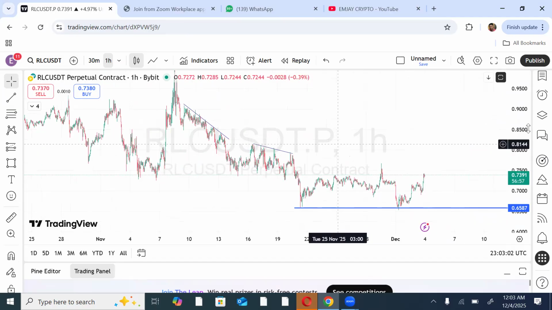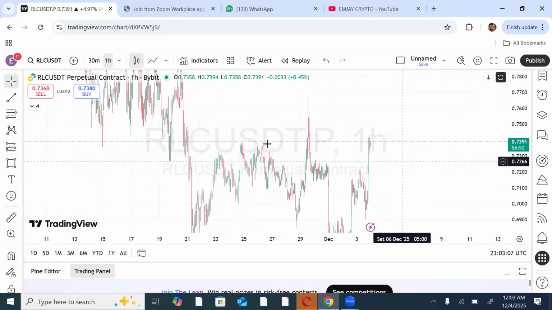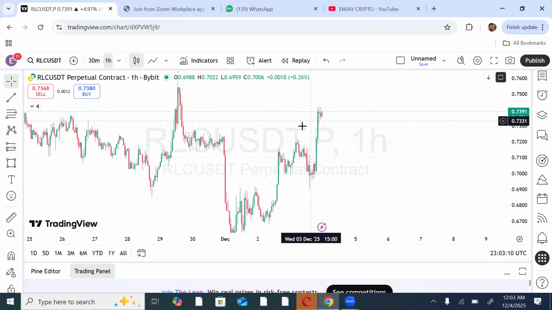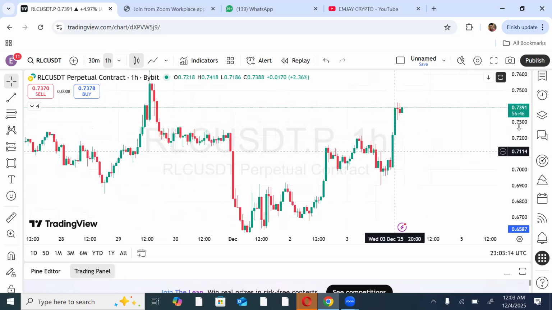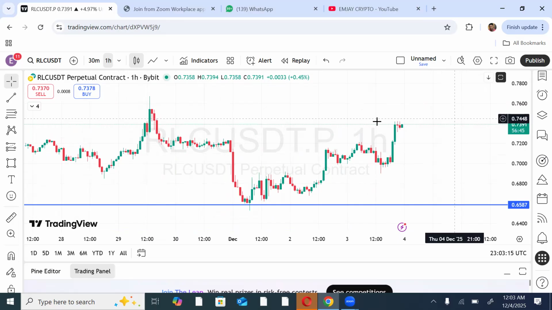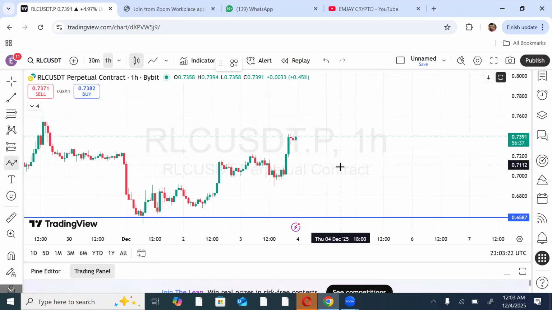Now, let's focus on current price action. What is price doing currently? This is where we are. And the model is very simple, right? The model is very, very simple and explicit. It goes like this. Simple Wyckoff model.